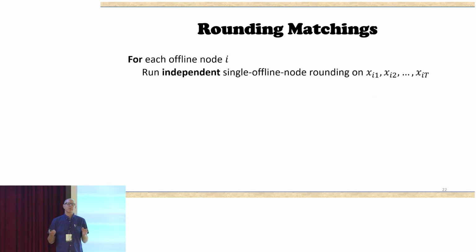So the algorithm is the following. Each offline node I is going to see online neighbors which arrive one by one. Let's say we are at time t. Each one of the offline vertices independently is going to run the single offline vertex subroutine that we had just seen.